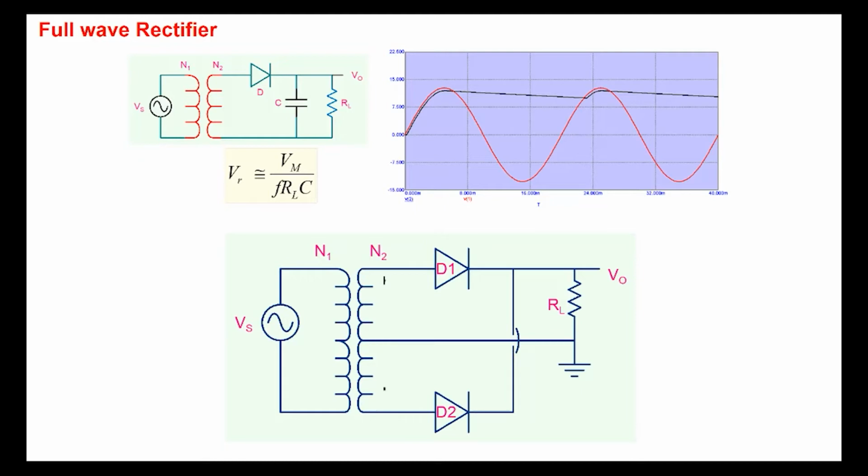Okay, so let's see. When the input sinusoid on the primary is positive here and negative here, similarly in the secondary, this is positive and this is negative here. And the center tap is always connected to ground. So what would happen is this particular diode D1 will turn on, because note that this is positive here.